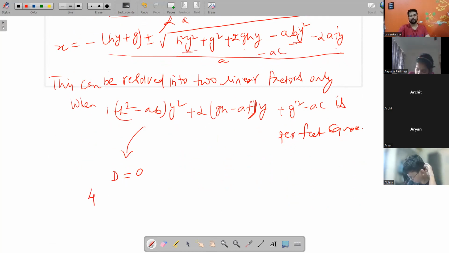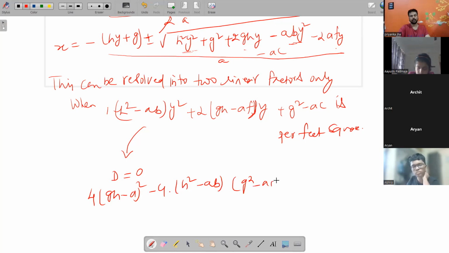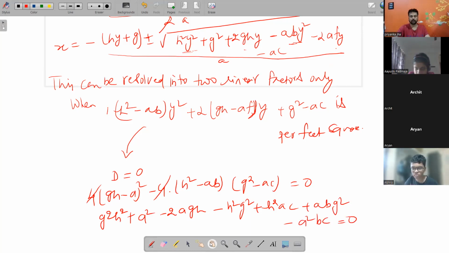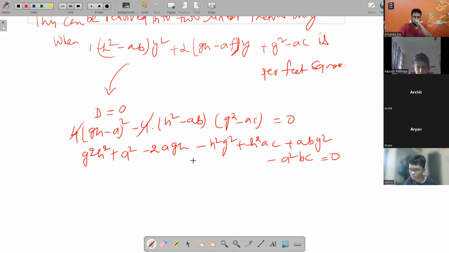So b square, that is 4 (gh minus af) whole square minus 4 a c equal to 0. 4 gone. Open this. g square h square plus a square f square minus 2aghf, minus, multiply here, h square g square plus h square ac plus abg square minus a square bc. This is equal to 0. Now this and this gone.